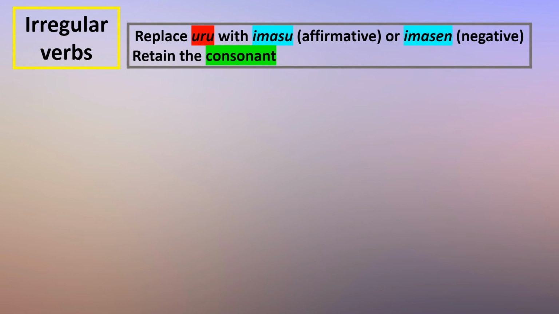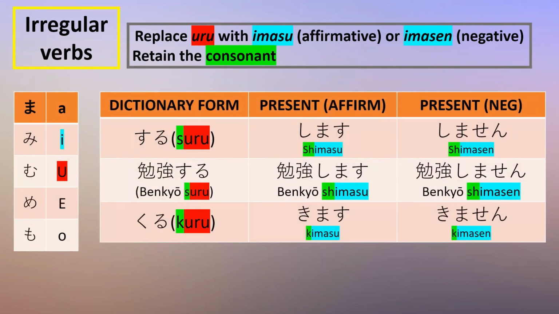For irregular verbs, kuru and suru, we replace the uru with imas or imasen. And again, we retain the consonants S and K. So here, we go up the ladder again, but we retain the consonant.